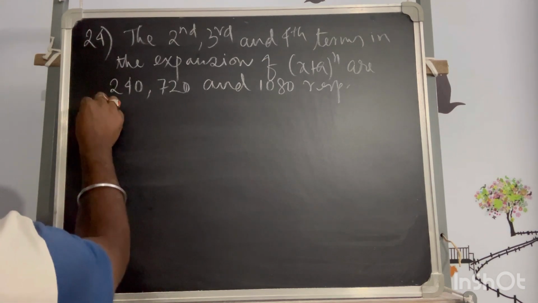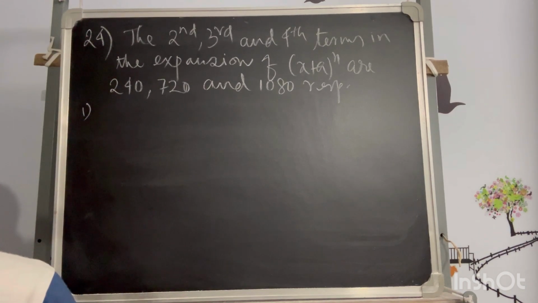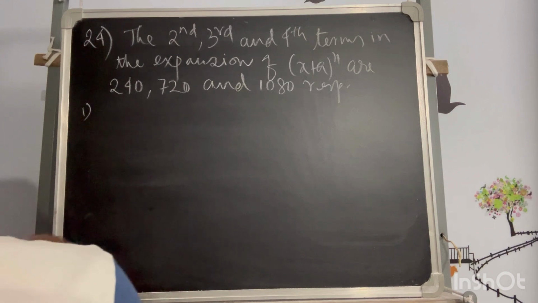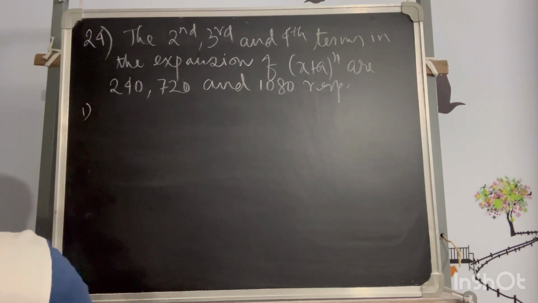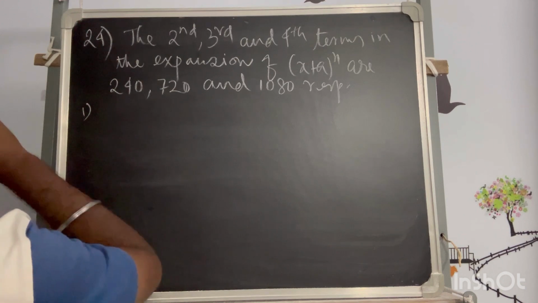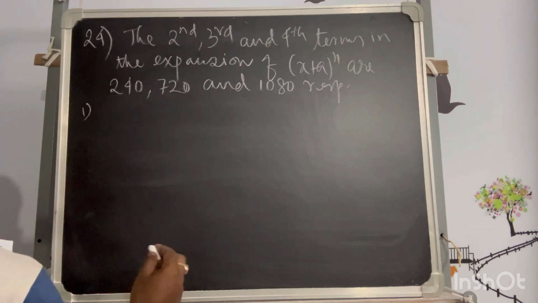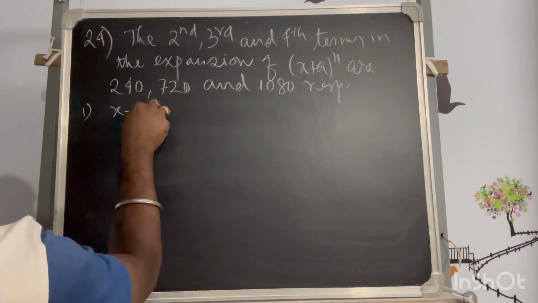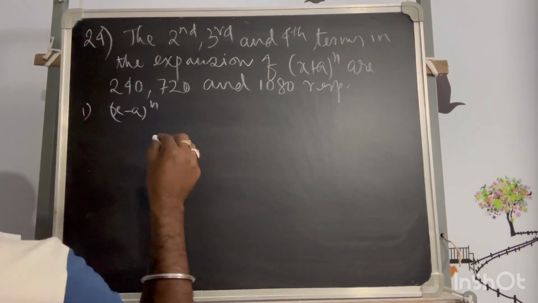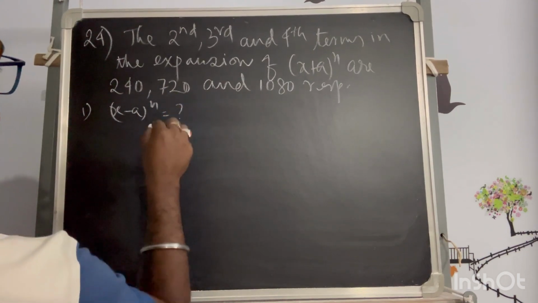The first one, the value of x, n and a; the value of the least term in the expansion, and the sum of the odd number terms. So the first one is the value of x to the power n, how much.